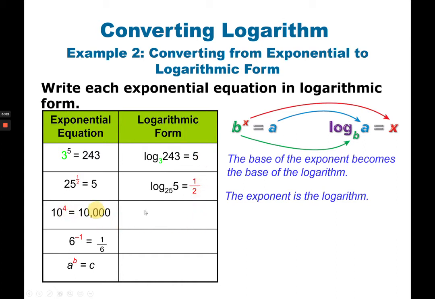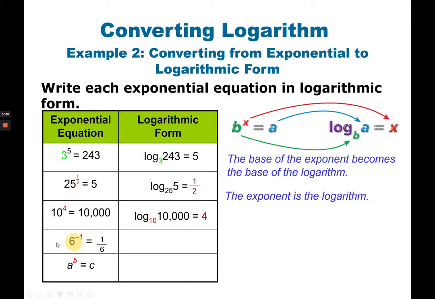So 4 goes on the right side. It's going to be logarithm base 10 of 10,000 is equal to 4. It's just saying how many times 10 is multiplied by itself to become 10,000. The answer is 4 times.